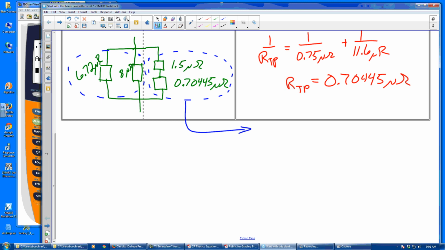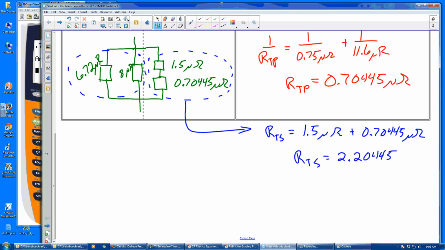I'll deal with them after I redo my circuit. So for the series ones, I have our total series equals 1.5 micro ohms plus 0.70445 micro ohms. So this is now 2.2045 microohms.